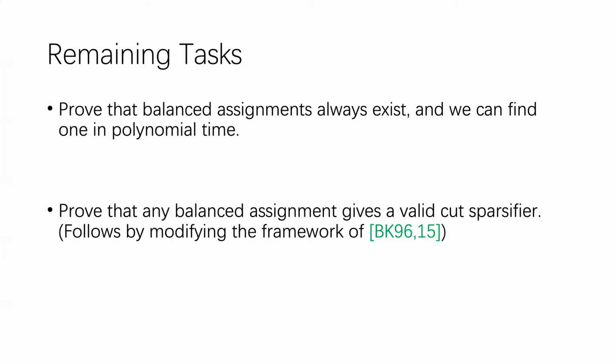The second task is to prove that any balanced weight assignment gives a valid cut sparsifier. This part follows by modifying the framework of Benczúr and Karger. This concludes the main idea of this work.